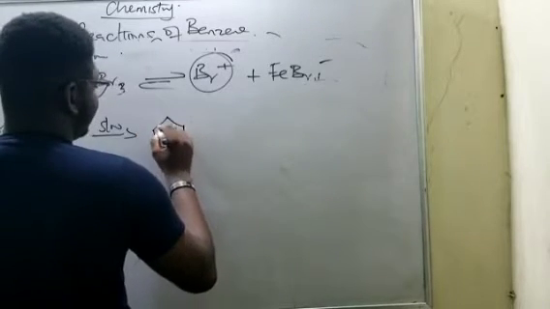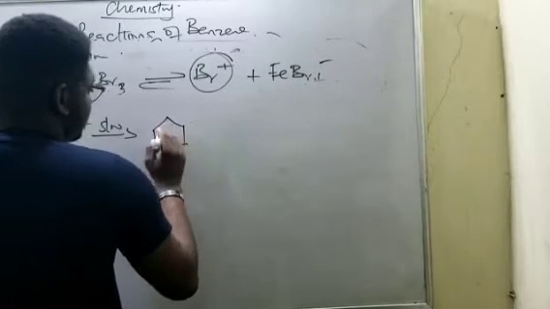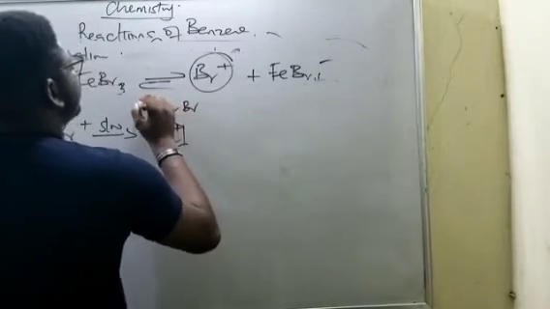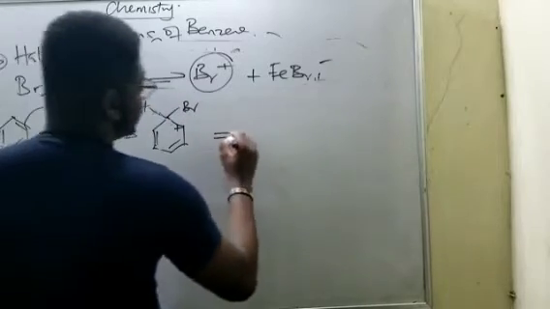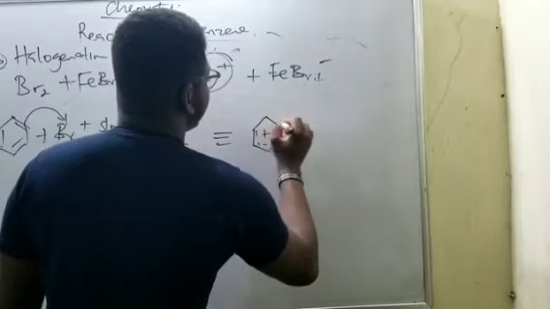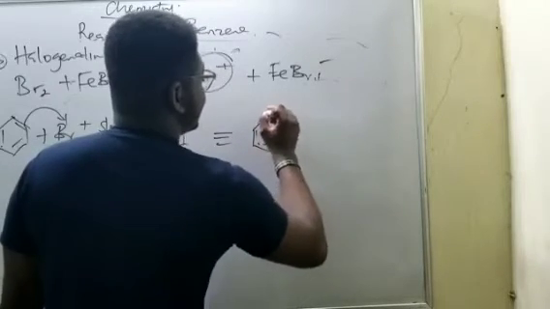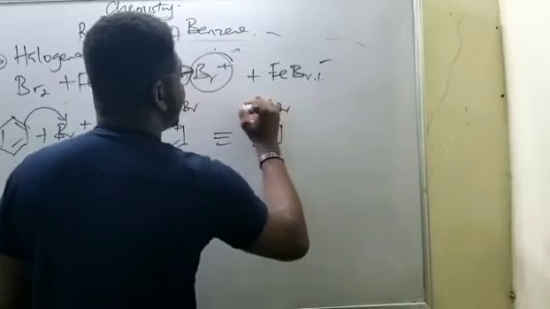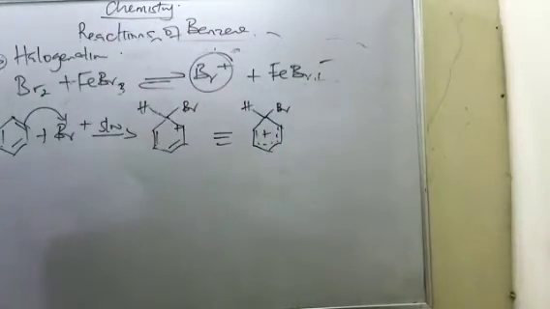We have our positive sign, we have bromine and we have the hydrogen. Just like we did earlier, we could have our resonance stabilized hybrid, then we have the Br and the hydrogen. But the hydrogen needs to be lost so the formation can be complete.